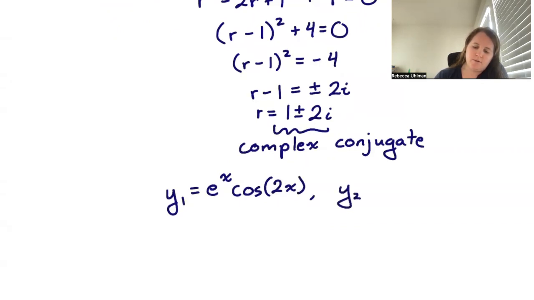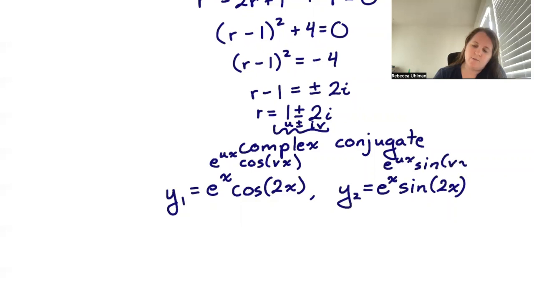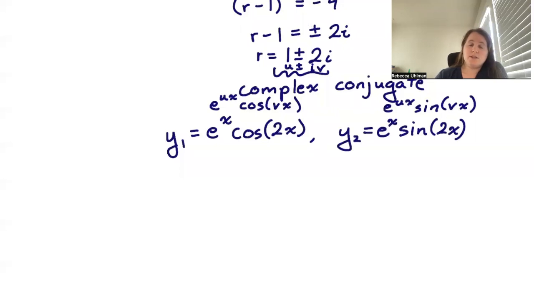And our y2 is e to the x times sine of 2x. Right, this is our u plus or minus iv. And this is e to the ux cosine of vx, and e to the ux sine of vx is where these came from. So we have our fundamental set of solutions for the homogeneous equation.